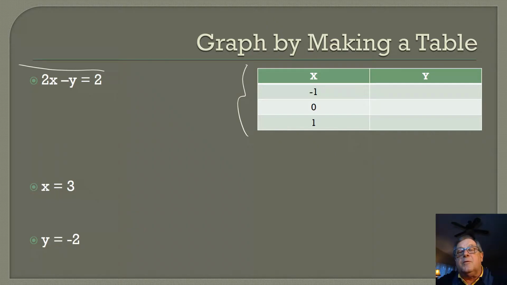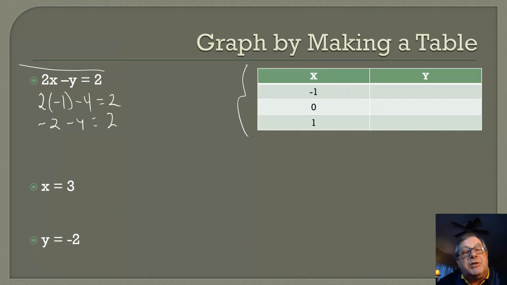And so if I am making a table, I'm going to substitute for x the values that I have represented here on the table. So let's see, we start with -1. So I got 2 times -1 minus y equals 2. Well, 2 times -1 is -2, minus y equals 2.